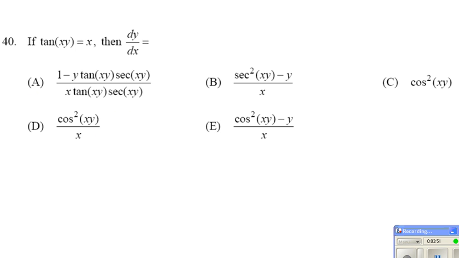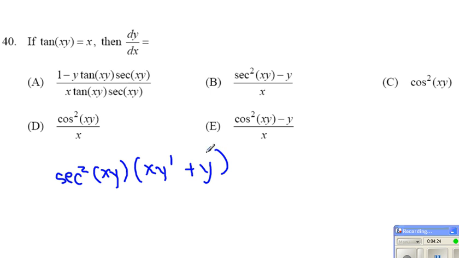Alright, number 40. Here, all we have to do is simply find the derivative, but use the product rule and chain rule here. So let's try looking at them. What we end up getting is secant squared of xy. That's the derivative of the outside. The derivative of the inside becomes x times y prime plus y.